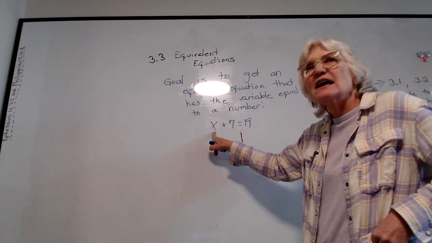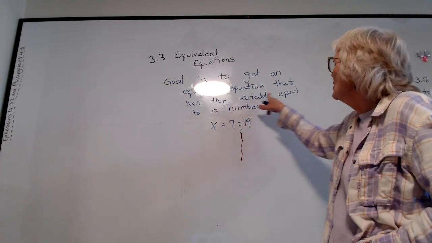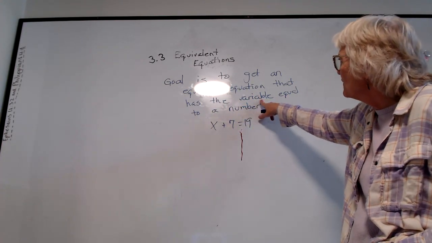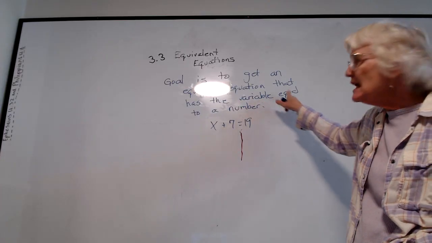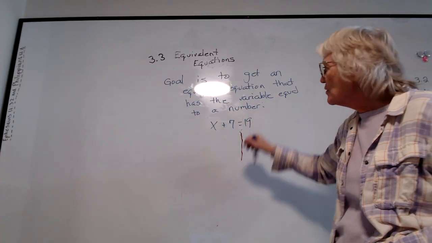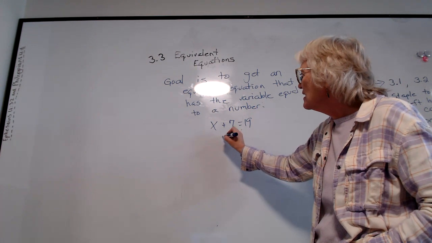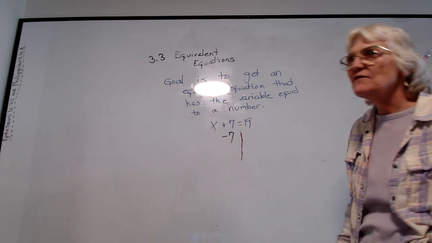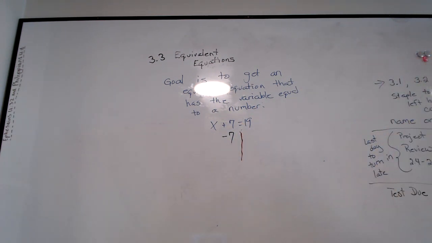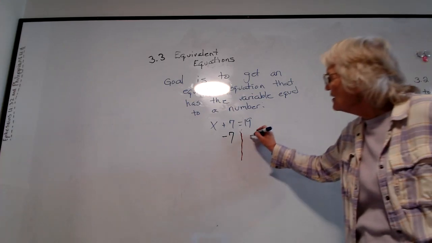Here I want to get x by itself. That's our whole goal. We want an equation that has a variable equal to the number. So I want to get rid of 7. So to get rid of 7, if I have 7 things, I would have to subtract 7 things. But if I do that on one side of the equation to keep them equivalent, I have to do it on the other side.